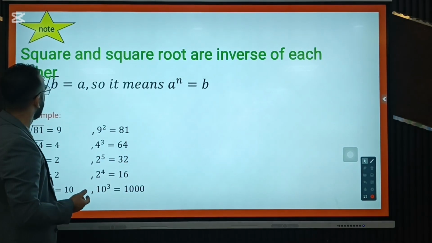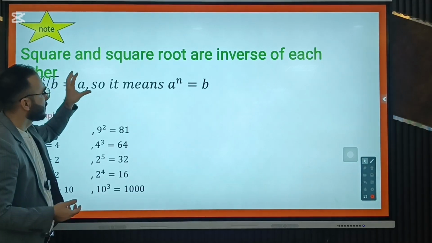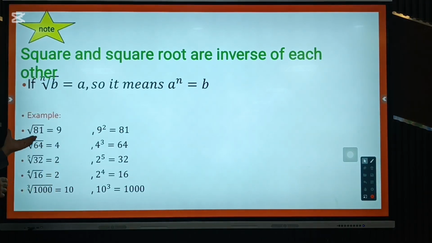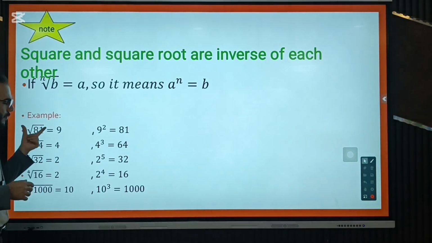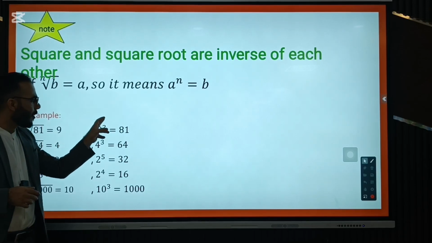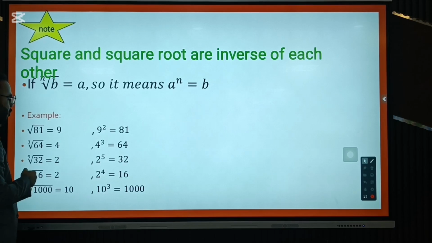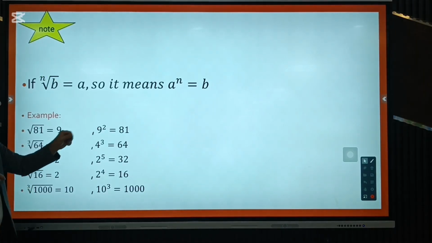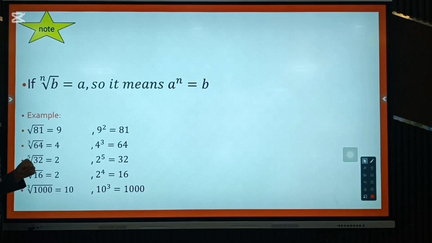That relation is between square root and the exponential function, basically. Square root of 81 is equal to 9. It means that 9 to the power of 2, because the index of our square root is 2, is equal to 81.